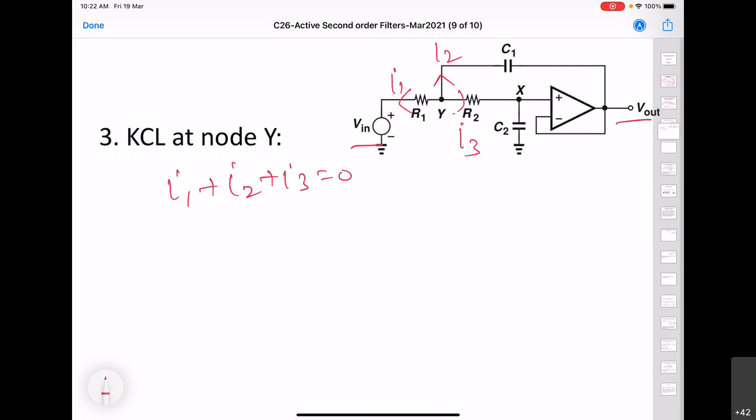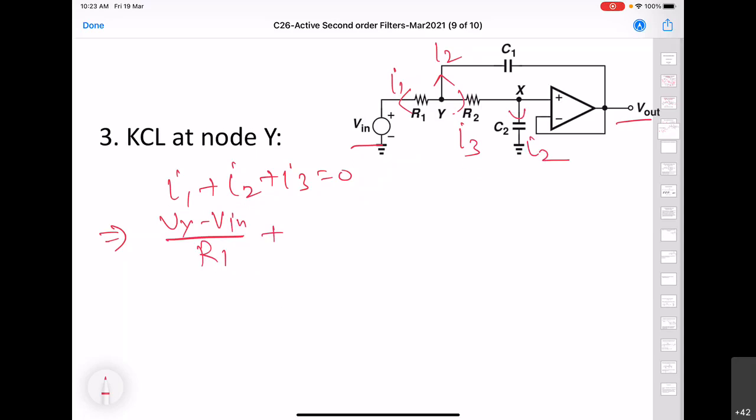So we now substitute each of the currents: (Vy minus V in) divided by R1 plus, see, this I3 will ultimately flow through the capacitor C2 because current into the op amp is 0.